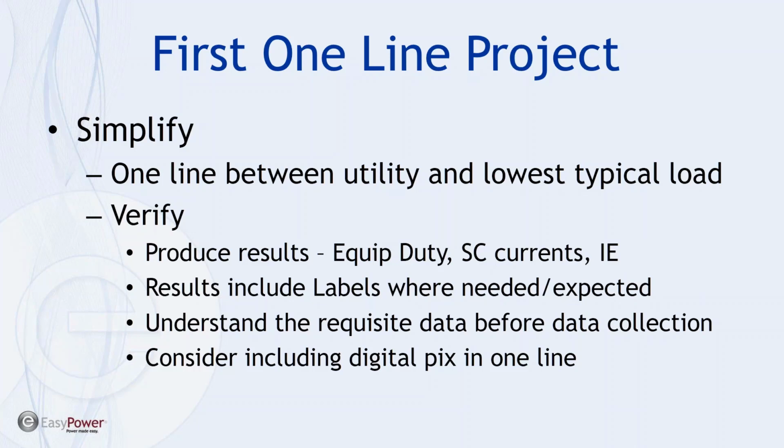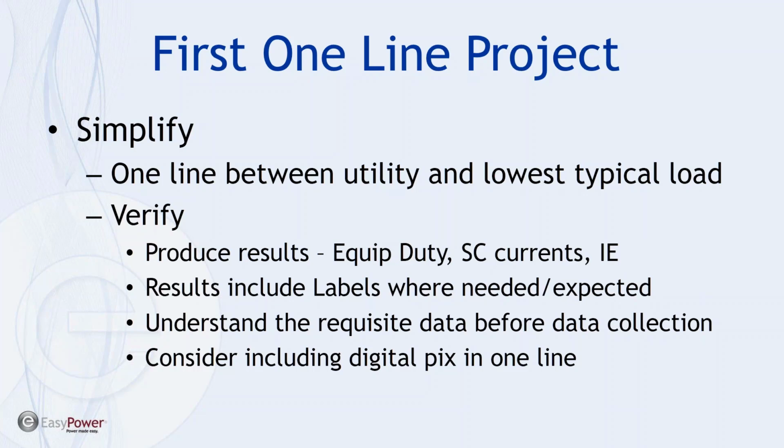If you've heard any of my presentations on the topic, I recommend before you develop a very large system, even if you have a small radial system, before you develop the whole project, draw a very simplified one-line diagram that shows a connection between the utility at the starting point and the lowest typical load that you have in your system, with the intent of verifying that you have a better feel for the mechanics of the tools, and based upon that very simplified one-line, you're going to produce the results you want.